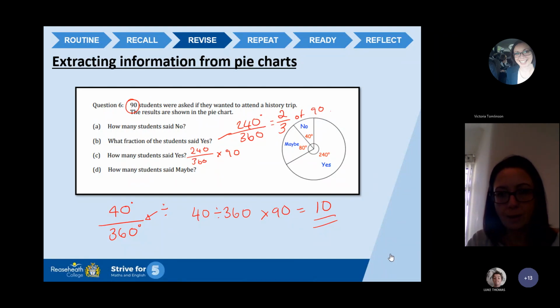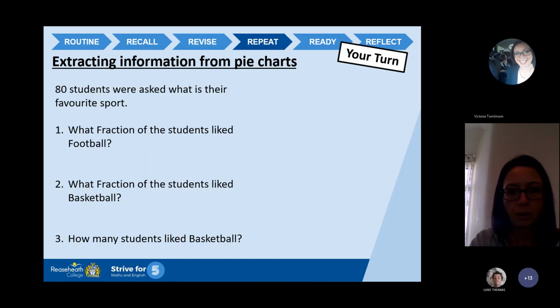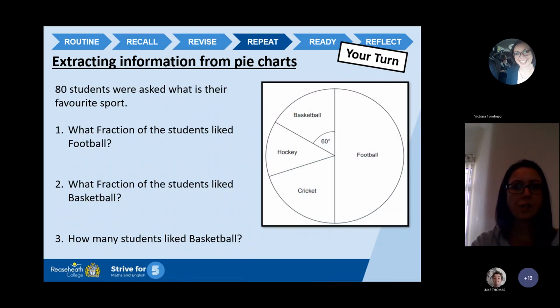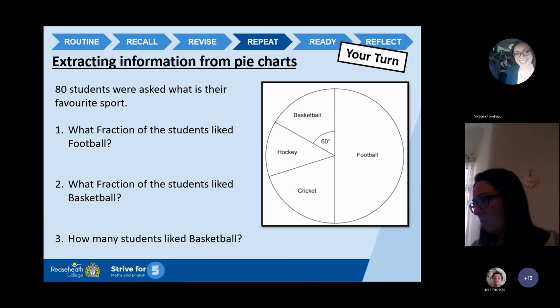So let's have a quick look at the answers. Okay, 80 students were asked what their favourite sport is. What fraction likes sports? Lots of people got this right. In fact, everyone pretty much got that.